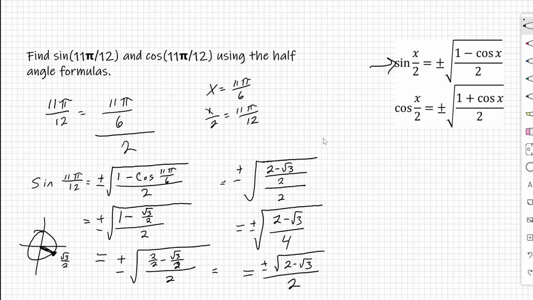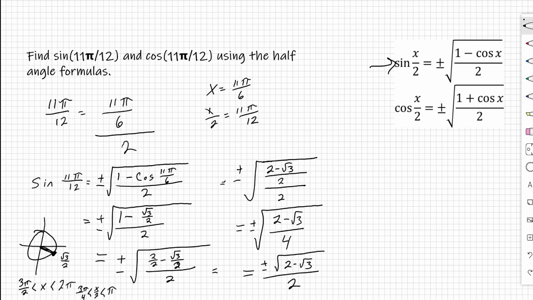So now let's determine whether this is positive or negative. 11 pi over 6, we said, is down here in the fourth quadrant. So we're between 3 pi over 2 and 2 pi. And if we cut all of these in half, we get that x over 2 is between 3 pi over 4 and pi.